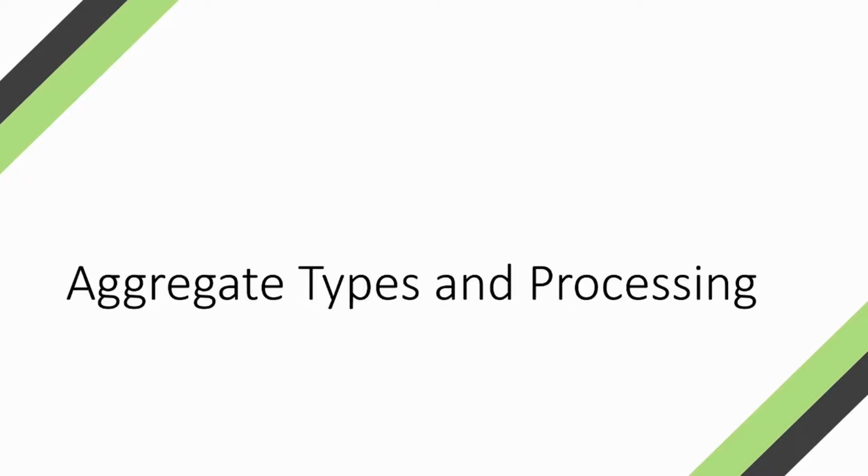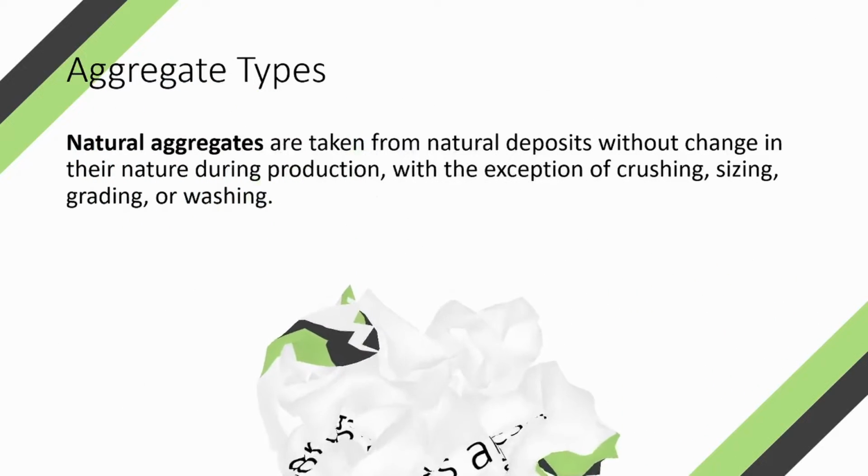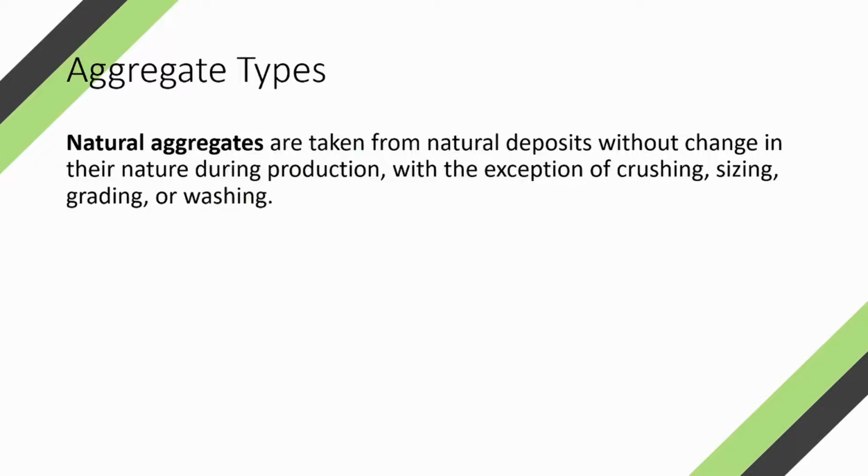So, first we have yung depende sa processing ng aggregates natin, it may be classified as natural or manufactured na aggregate. Natural aggregates are taken from natural deposits without change in their nature during production, with the exception of crushing, sizing, grading, or washing.